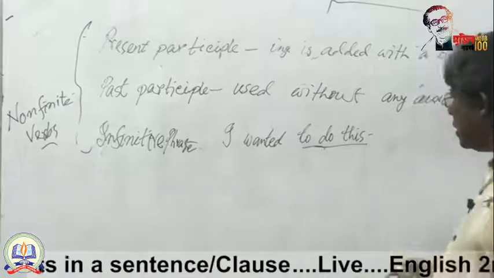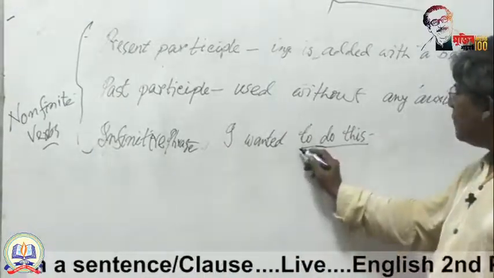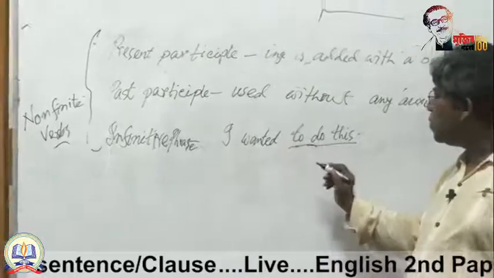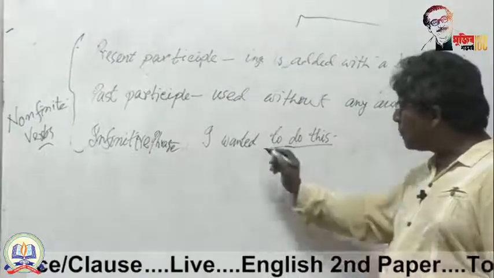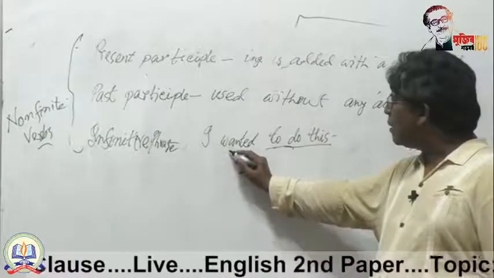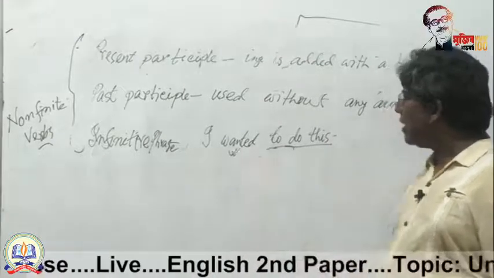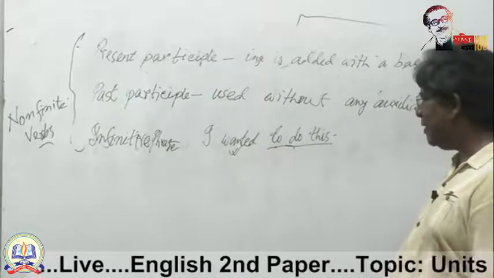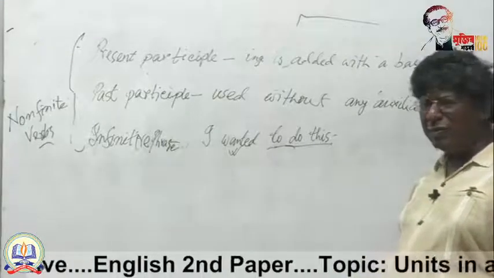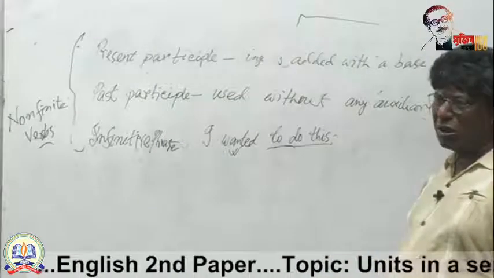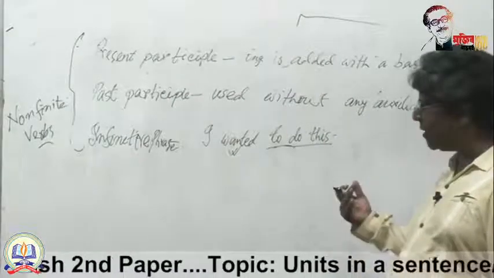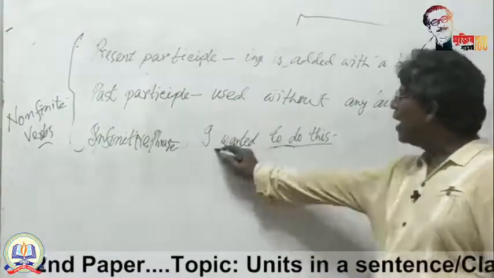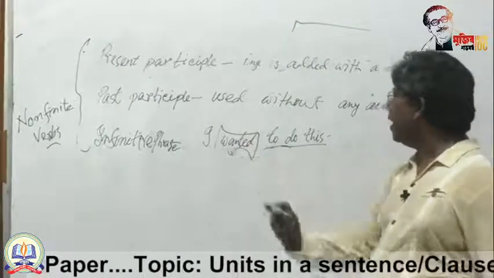Well, the infinitive verb to do takes place after the activity of the finite verb want. That is, the infinitive verb determines an action to take place after the action of the finite verb.